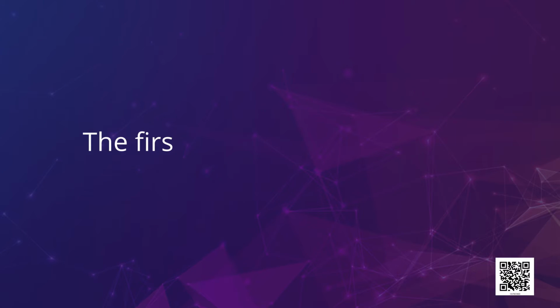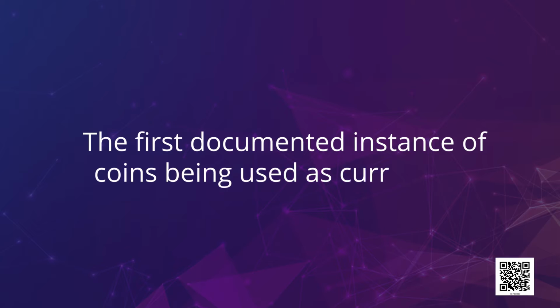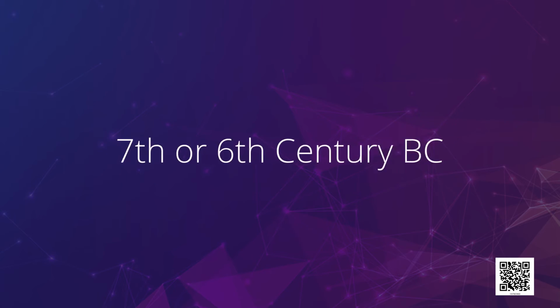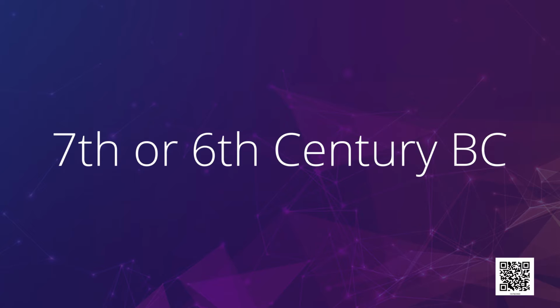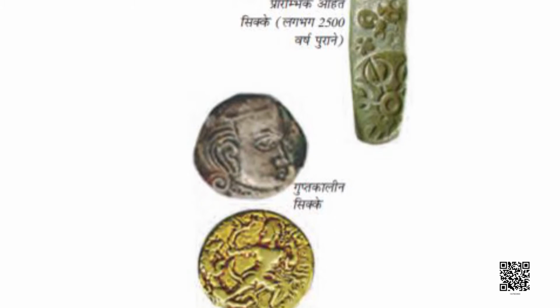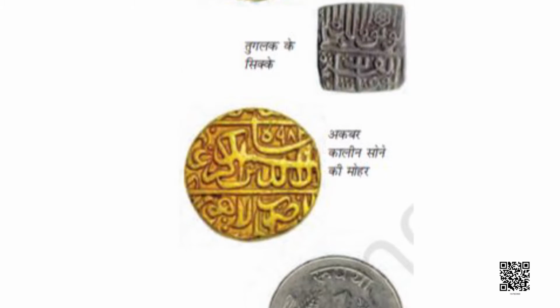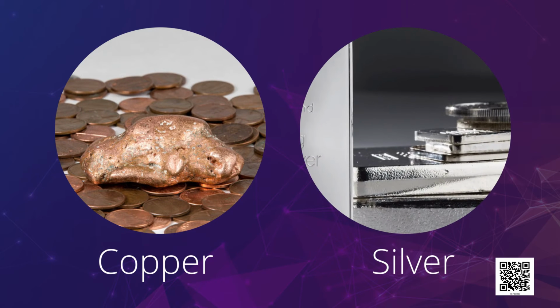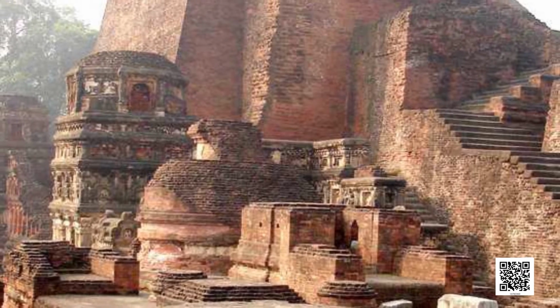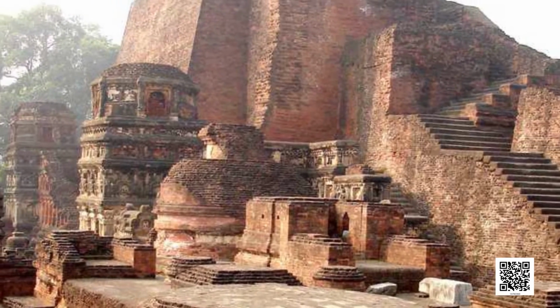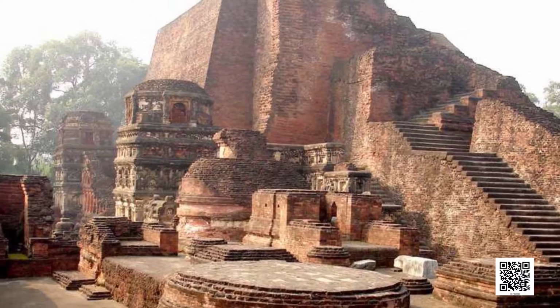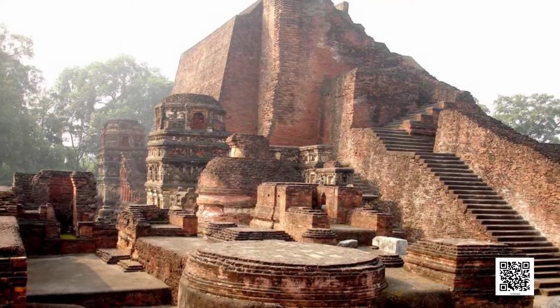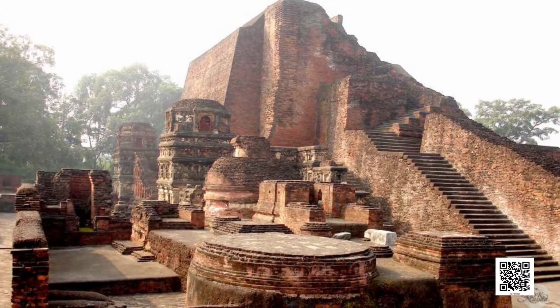The first documented instance of coins being used as currency in India dates back to the 7th or 6th century BC. These punch marked coins were stamped bars of metal, usually copper and silver, and were first issued in the Mahajanpada kingdoms of the Indian Iron Age, and they lasted until the end of the imperial Mauryan period.